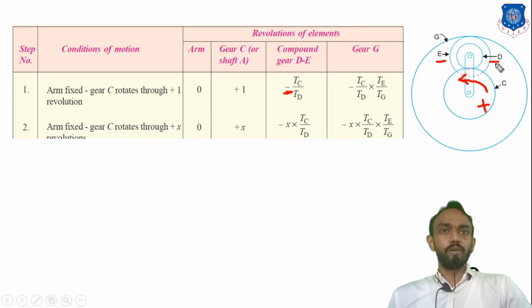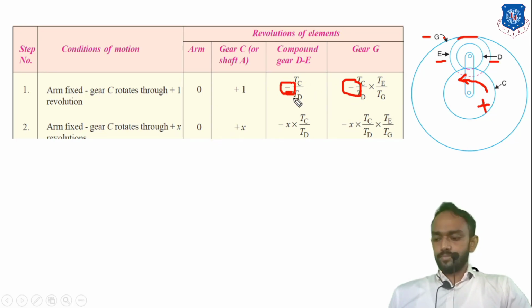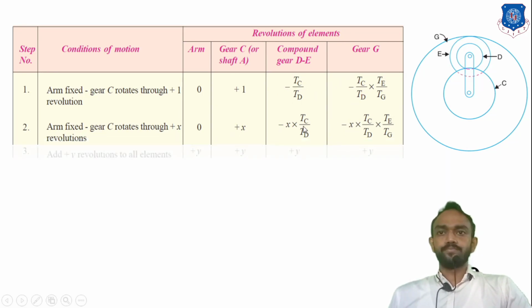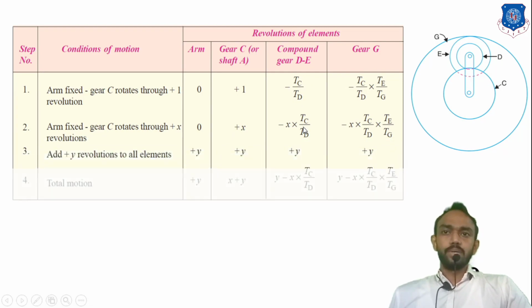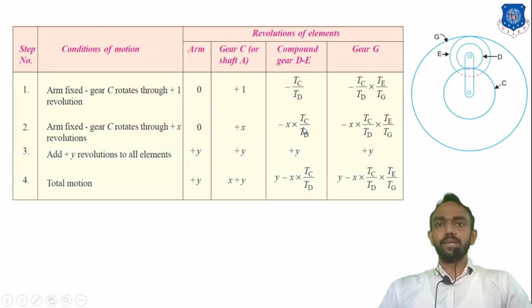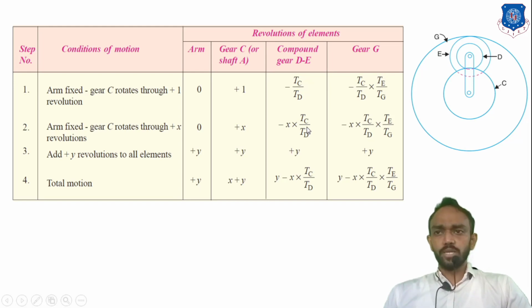Both will be negative, and this is internal gearing. E is connected to G internally, so negative will be there for the gear G. So for both gears there is a negative. And after that, plus y, and the summation of rows 2 and 3. Okay, up to this point.